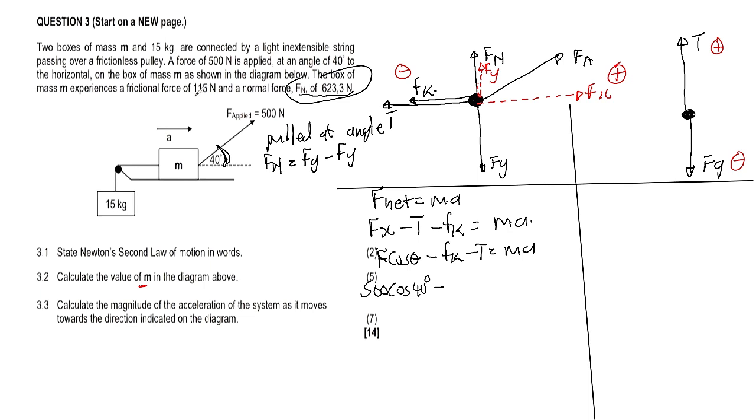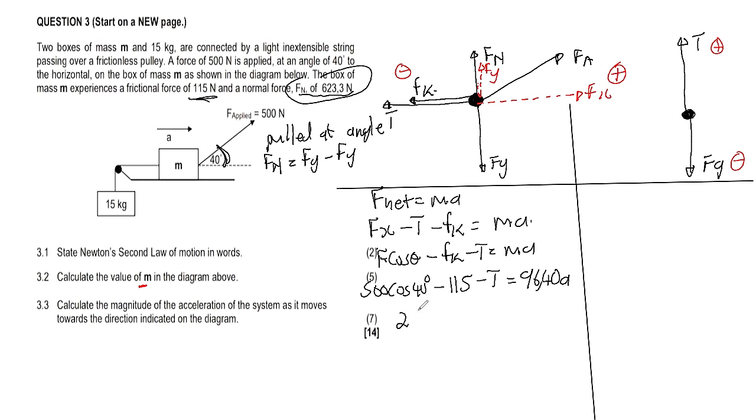They said the Fk is 115. So it's given there, minus T. And then here we will have, remember the mass we have now calculated, it's 96.40, and then A. Now it's only a matter of just punching this into your calculator. You have your 500 cos 40 minus 115.